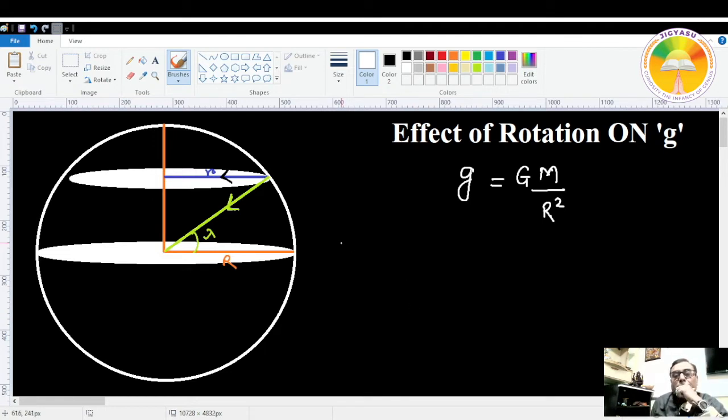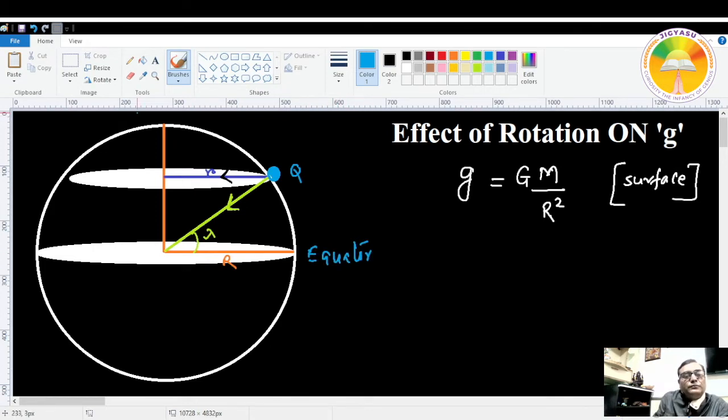Here we are considering the effect on the surface. This formula is for the surface. Now we are going to consider a particle of unit mass placed at position Q. This is our equator.